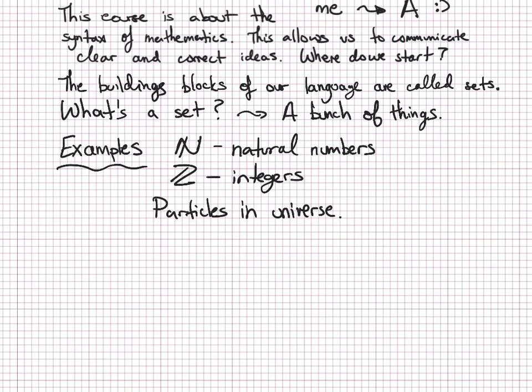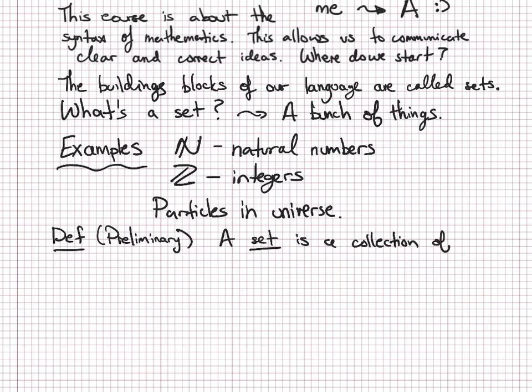Okay, so here's a better attempt at a definition. I'll still call this a preliminary definition. A set is a collection of objects. At this point, I haven't done too much better, maybe a little more formal than a bunch of things, but that's basically what this is referring to.